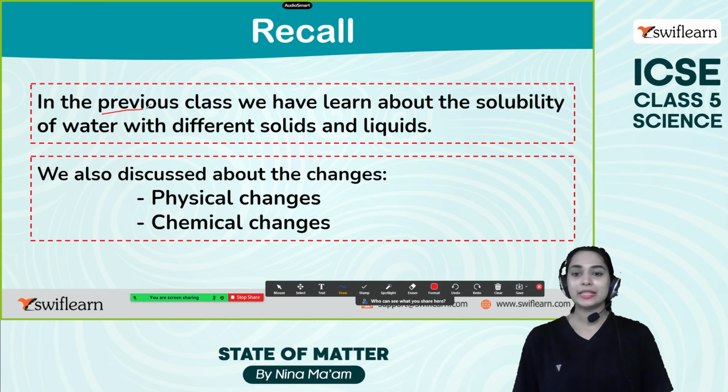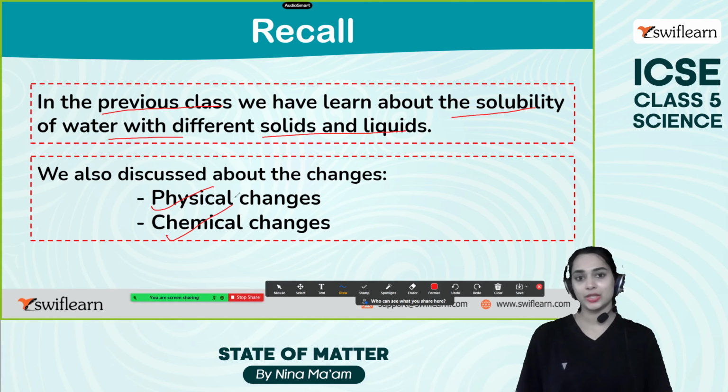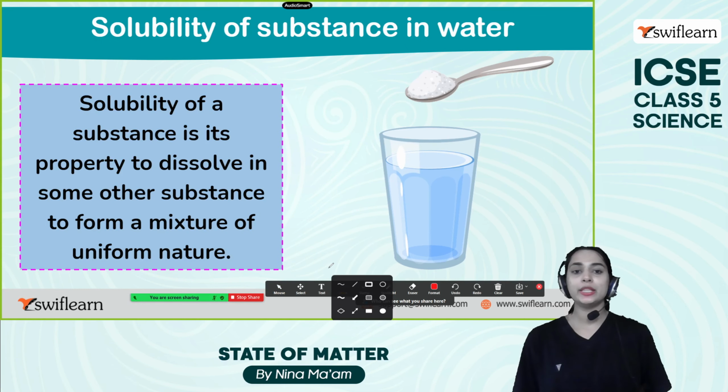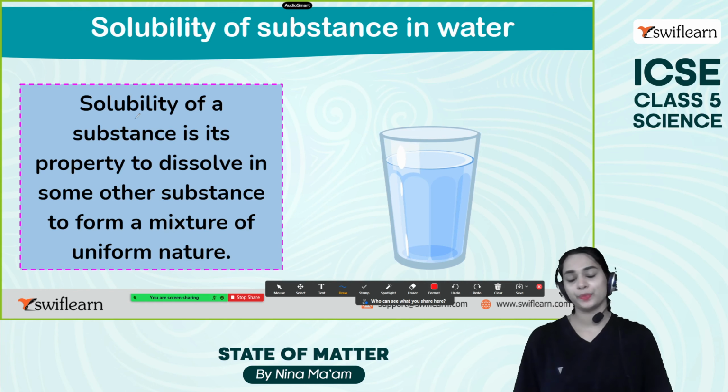So in the previous class, we have learned about the solubility of water with different solids and liquids, right? And we also discussed the changes like physical changes and chemical changes of these matters. So these are the things we learned in the previous chapter. So what is the solubility of a substance in water?